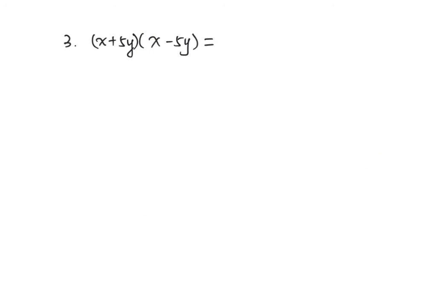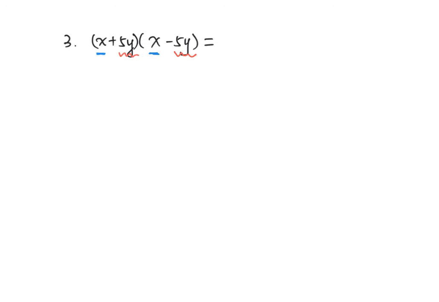Once we understand, we can apply the identity to help us do the expansion. As you can see, the third example is also in the same format of the difference of 2 squares. You can see that here is a plus b times a minus b.